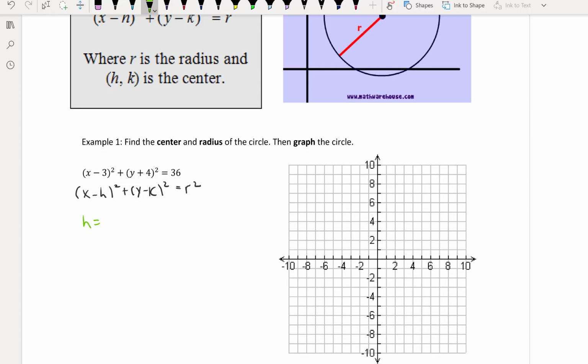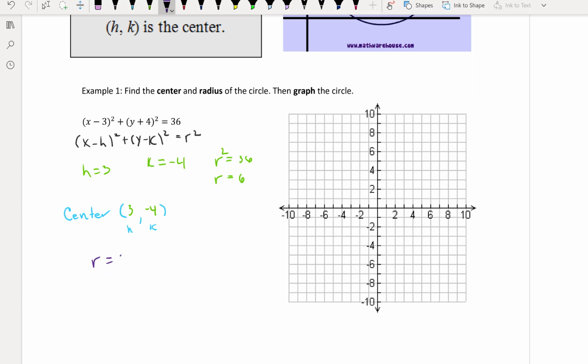My h value is 3, and my k value is -4. My radius squared is 36, so the radius must be 6. So I'm going to write that out. The center is (h, k), so I have 3 and -4 as my center, and my radius is equal to 6. So I have identified my center and the radius.